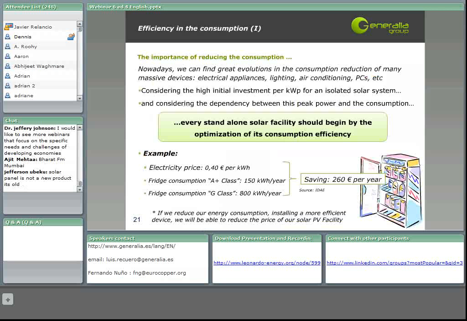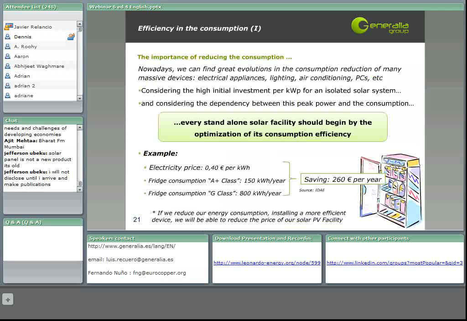Another good consideration in general is improving the efficiency in our consumption. Nowadays, we can find great evolutions in the consumption reduction of many massive devices. For example, the fridge, the air conditioning, and the lights.